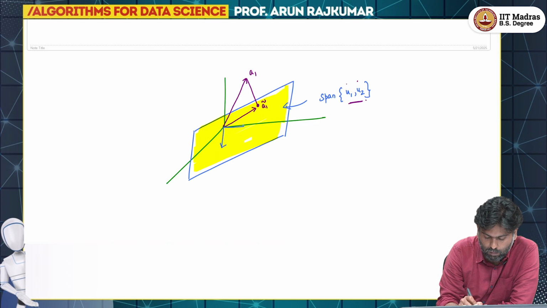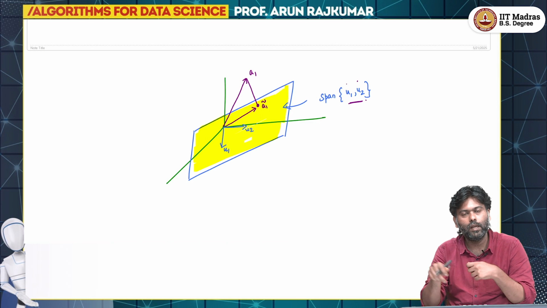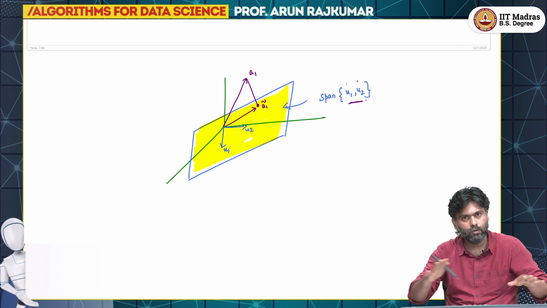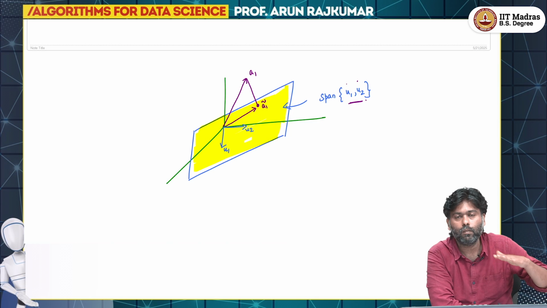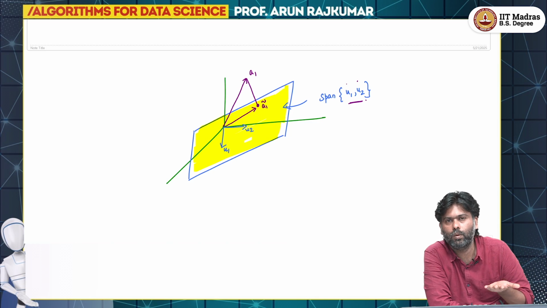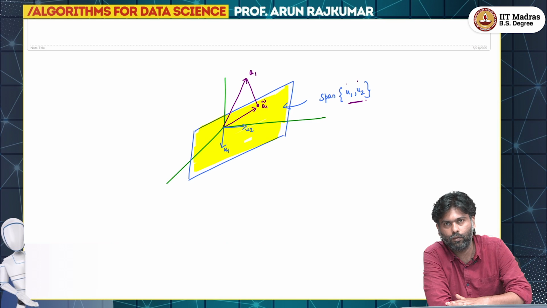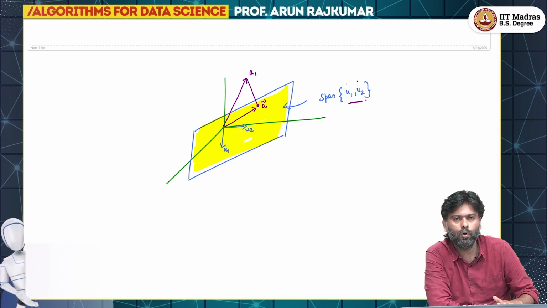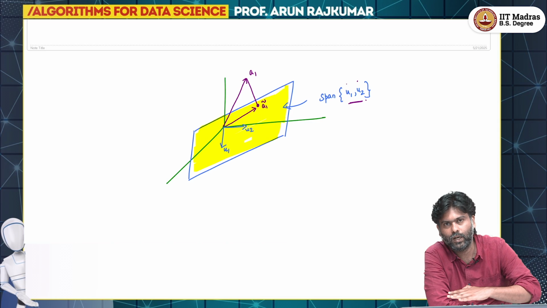Maybe this is U1, maybe this is U2, and all linear combinations of U1 and U2 give me this subspace. But this is not the only orthonormal basis for it. As long as I have some orthonormal basis whose span is exactly that of U1 and U2, then I am good, because I can then project onto that orthonormal basis.